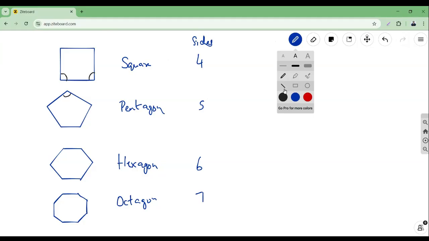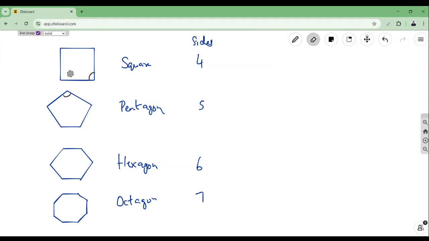Now, I wanted you to notice something interesting. Any of these polygons can be cut into triangles. A triangle is the basic polygon because it has 3 sides, and with fewer than 3, that is 2 sides, you cannot make a polygon. It's not possible.